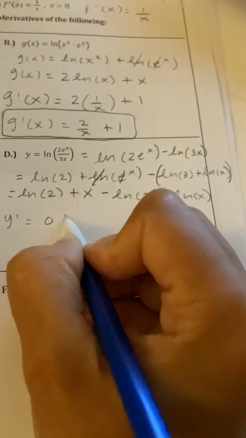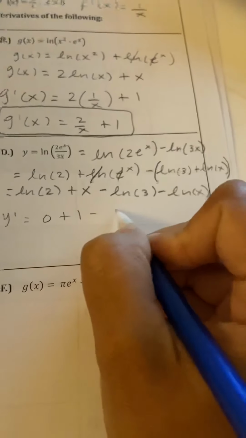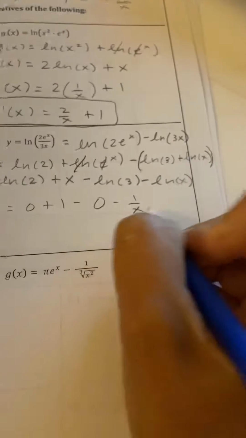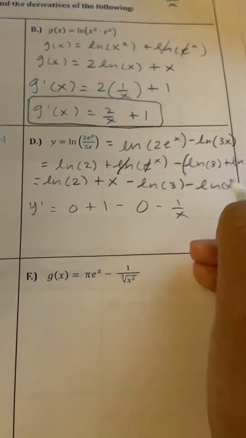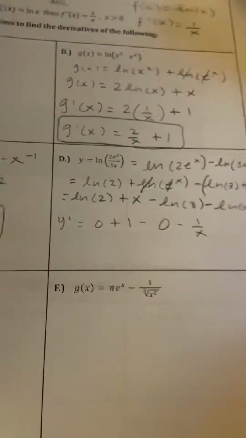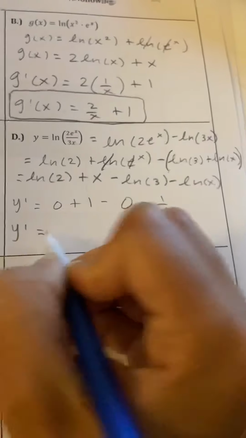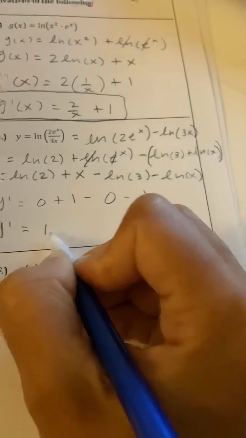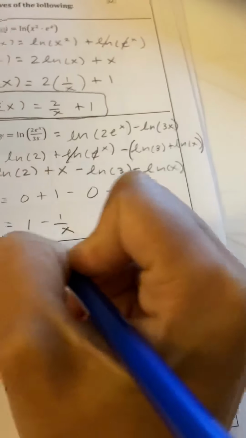So 0 plus the derivative of x is 1 minus 0 minus 1 over x, because the derivative of ln x is 1 over x. Of course, I didn't have to write the zeros, but I'm writing them here because I had a lot of people skipping on Friday. So y prime is equal to 1 minus 1 over x. That's what I have left.